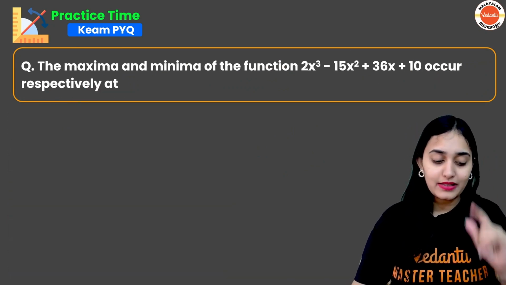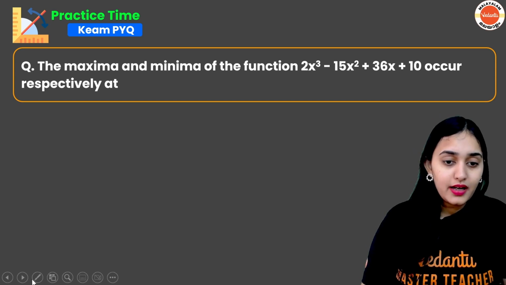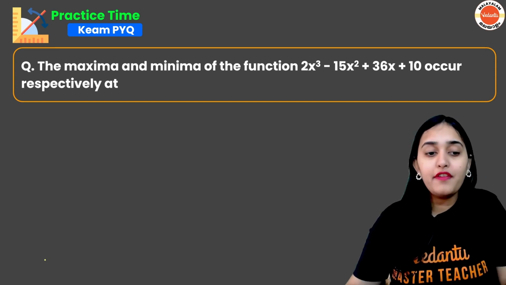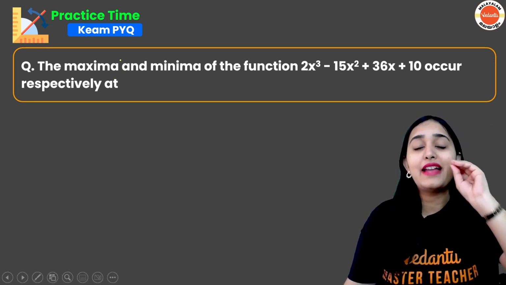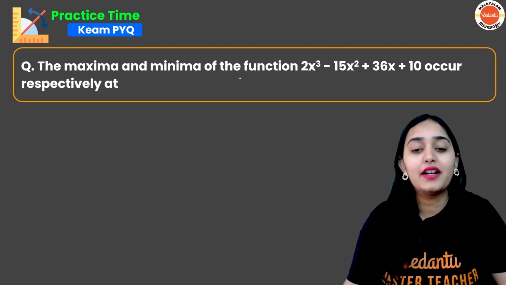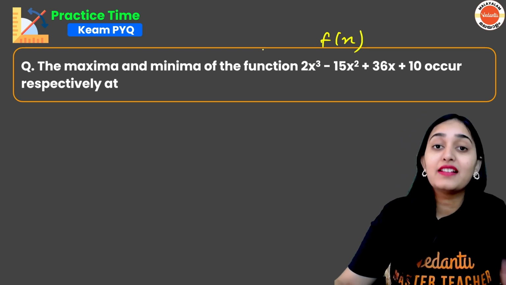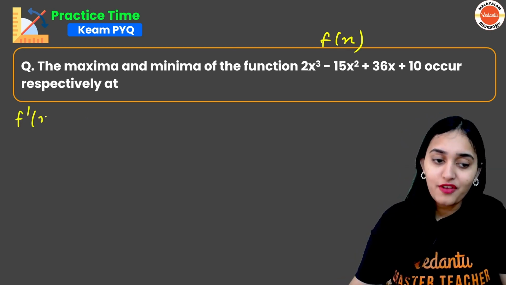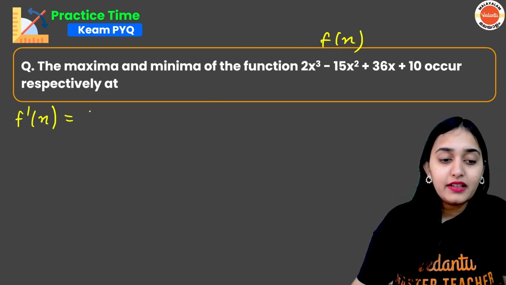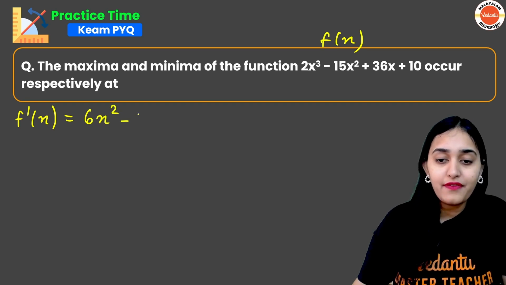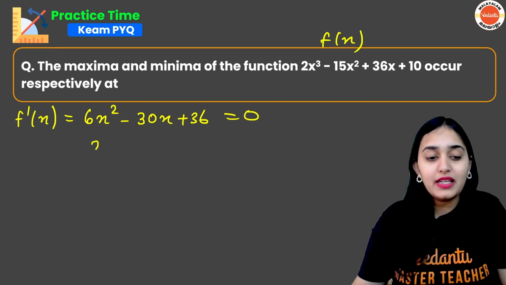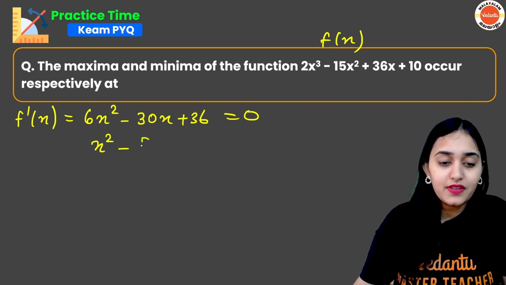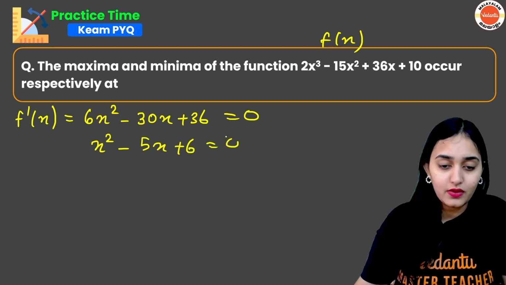Okay, next question. The maxima and minima of the function occur at what? See, direct maxima minima question, direct questions. Same method. This is f of x, step number 1, f dash of x. F dash of x is 3 2s are 6x square, 5 15 2s are 30x plus 36. Put this equals to 0. Now 6 taken out common, x square, 6 5s are 30, 6 6 are 36 is equal to 0.